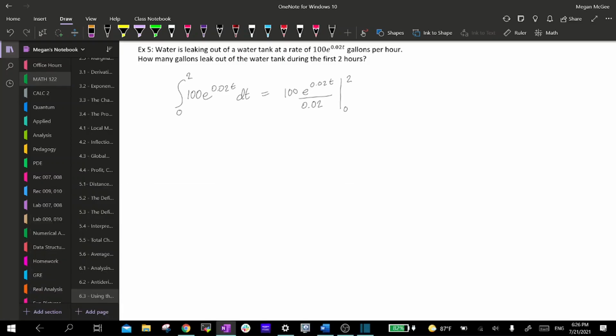Okay. So we have 100 divided by 0.02 gives us 5,000, all right, 5,000 e to the 0.02t evaluated from 0 to 2.